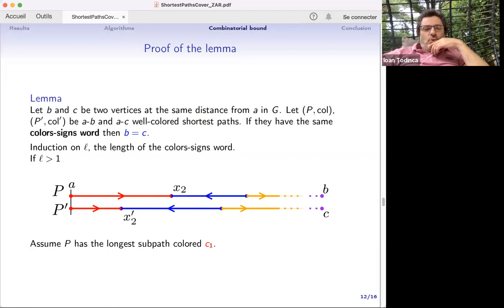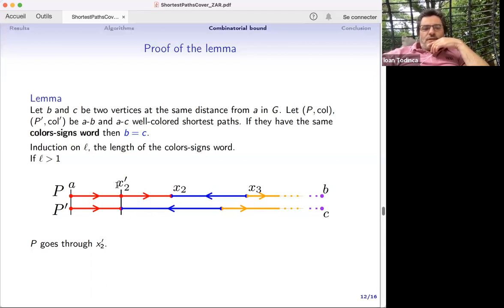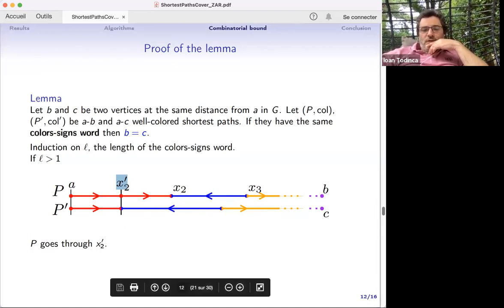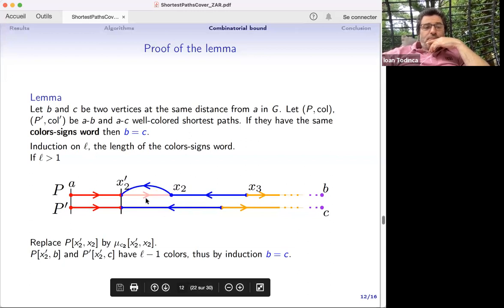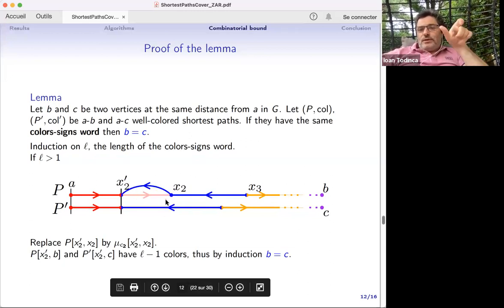What can I do? I look at the vertex that is the last on P prime colored red, and the next edge there is blue, the same on the two paths. So what I can do is that in the first path, I can replace the red subpath by a blue one.